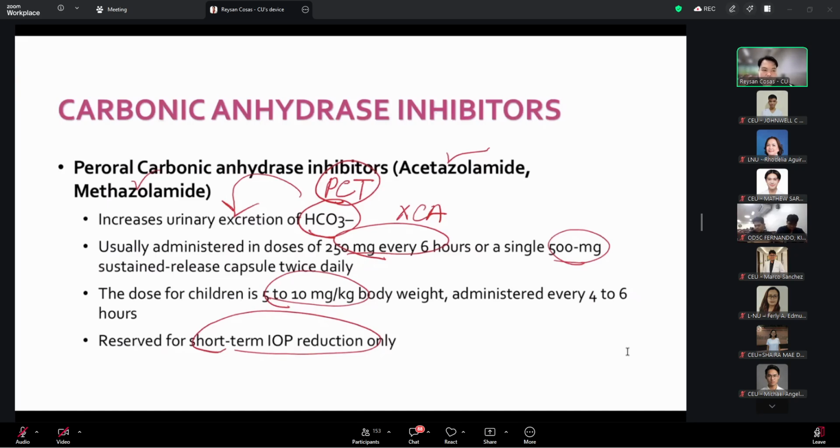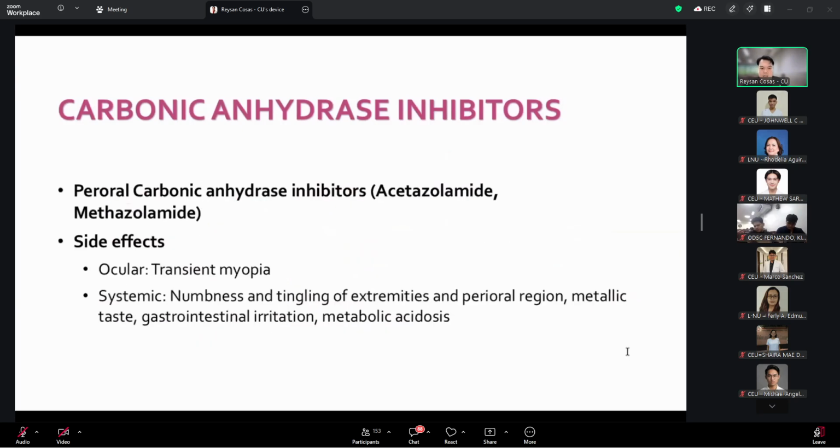So if you want a KI that can be administered for long period of time, you have to switch to topical agents. Okay? So, sino ba yung mga topical agents natin? Yeah. So, bago pala, adverse effects muna or side effects. Ayan. First is, there is drug-induced transient myopia. Okay? Because acetazolamide is a derivative of sulfonamides.